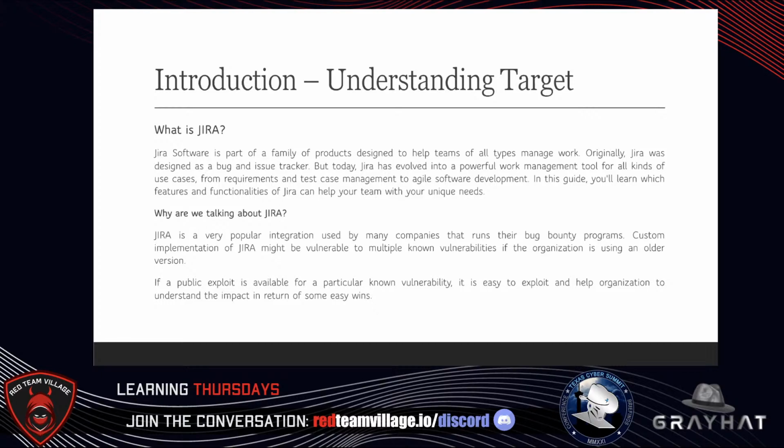Initially, it was supposed to be an issue or bug tracker. Let's say you reported an issue on HackerOne or Bugcrowd, and after you report an issue which is triaged and validated, the organization will use that particular report of yours to track the issue internally in their JIRA systems, right? So this is a simple example of where and why JIRA is used.